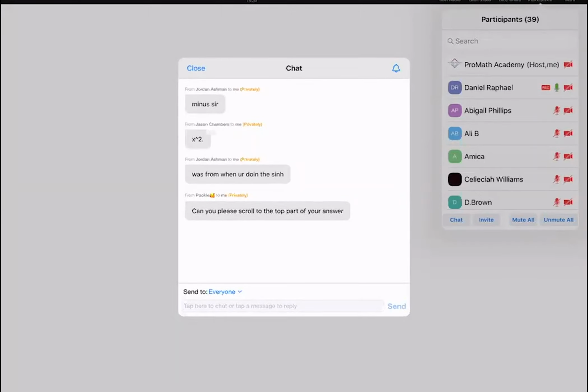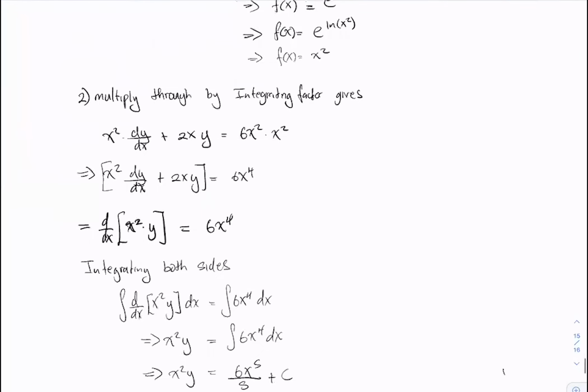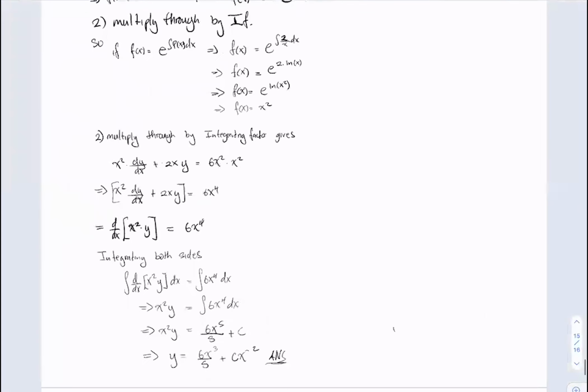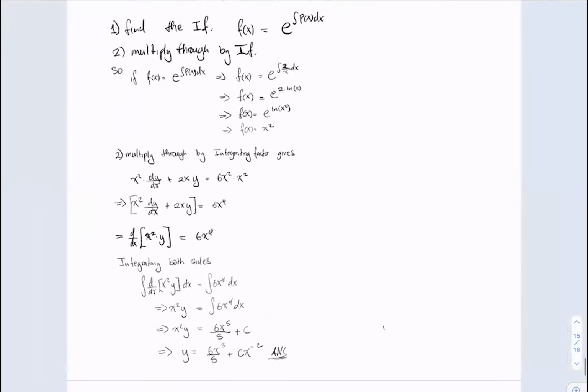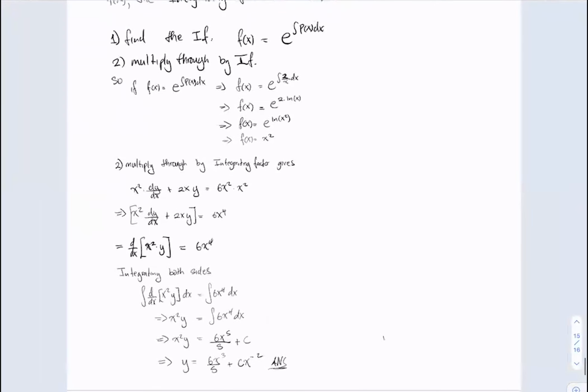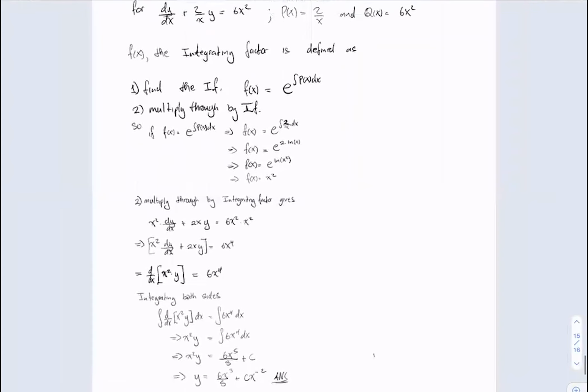So we have an inquiry from Pookie. Scroll to the top part of my answer. Okay. Let's see if we can bring that up. I'm not sure where would be the top part of my answer, but I guess if I'm showing everything, the top part of my answer should be showing.